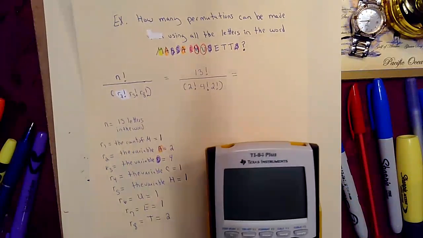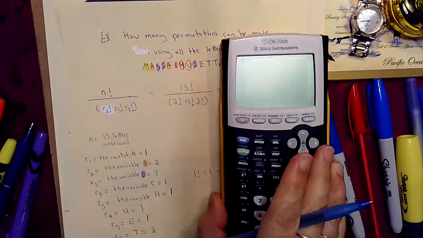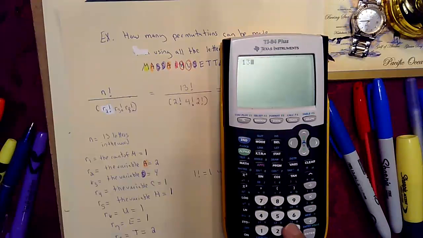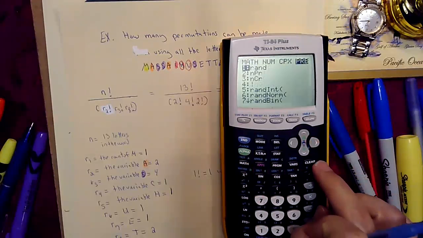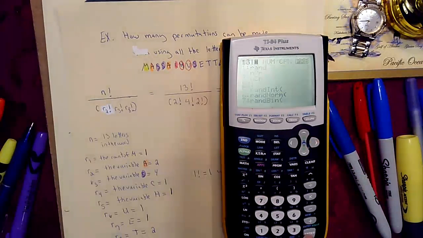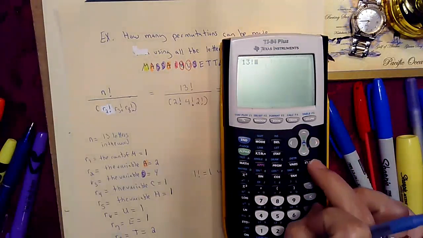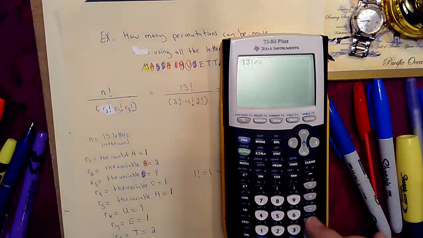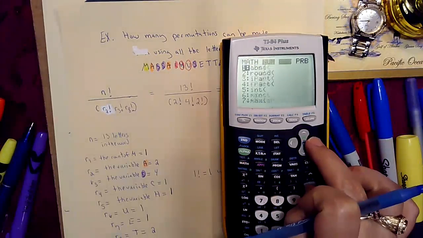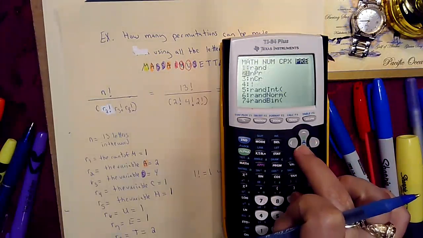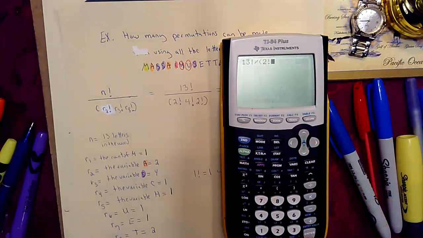But when I type this in my calculator, I type in 13 math probability, and I want number 4, divided by open parenthesis. Then I have 2 math probability factorial.